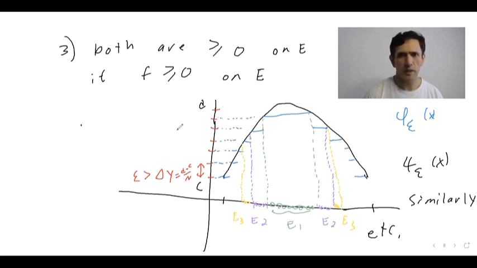Here, big N would be 6. We've got 6 of these, 1, 2, 3, 4, 5, 6. So for example C3, I'll just draw. This would be C5, etc., etc.